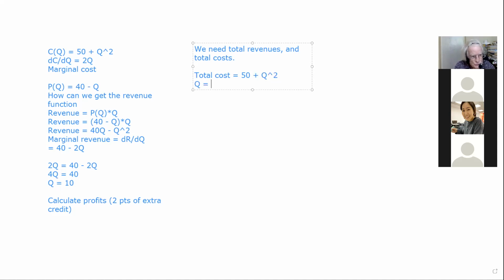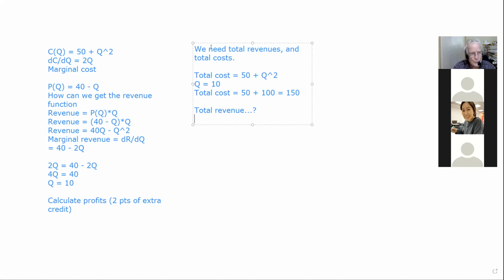Now, remembering that Q is 10, total cost is easy to calculate. $50 plus 10 times 10 is 100. Okay, so now what about total revenue? It will be 400 minus 100, so it will be 300.